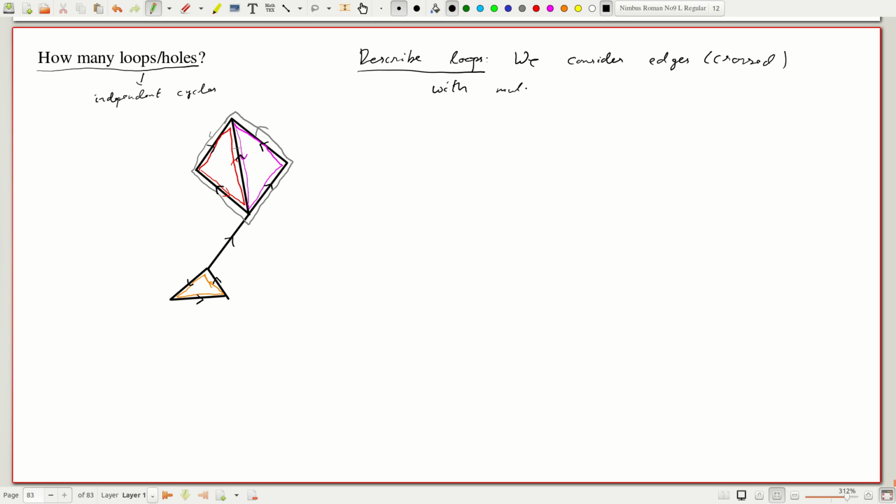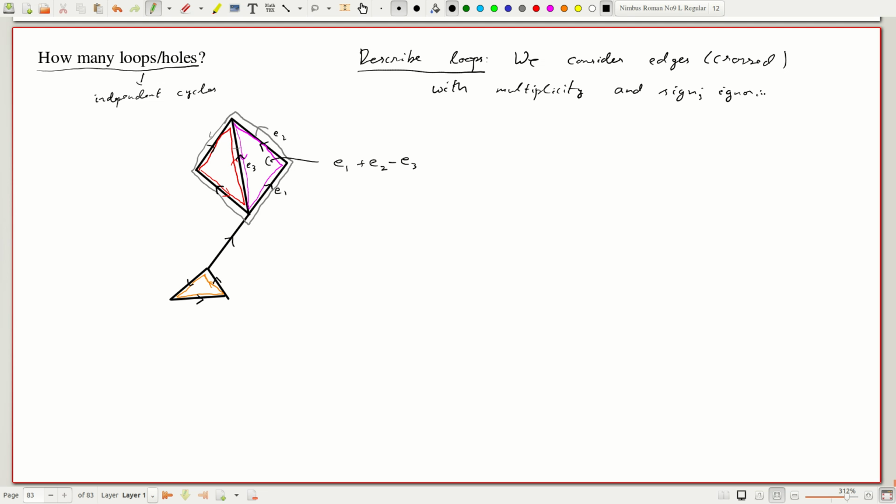Here our loops were all simple, they did not cross twice, but you could go around twice, and sign. So if we have oriented it accordingly, and I call these edges E1, E2 and E3, E3 going up, this purple loop is going to be E1 plus E2 minus E3, but crucially ignoring order.